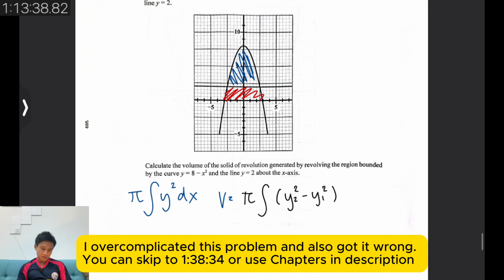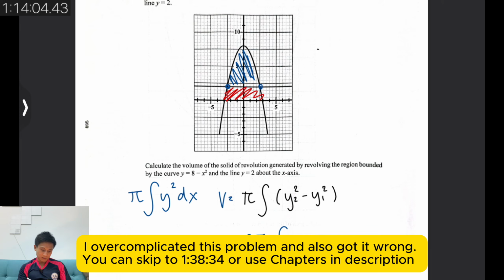And we should do either half and then multiply by 2. So I'm going to do 2 pi integral from 0 to, let's find the x-intercept for the line and the curve first.